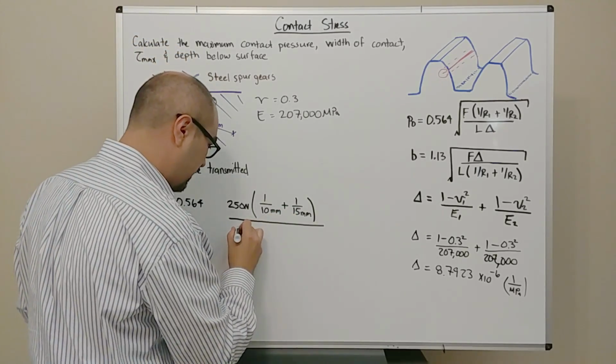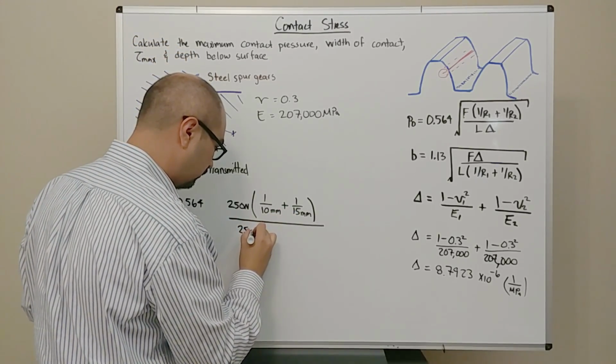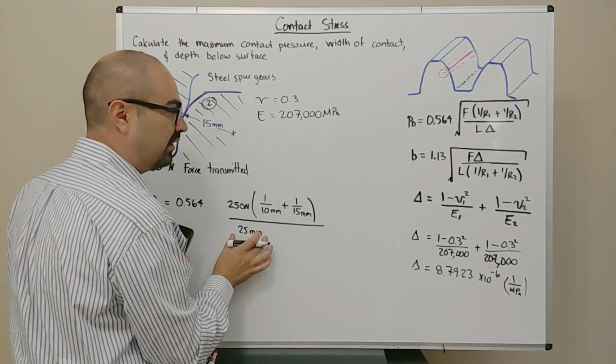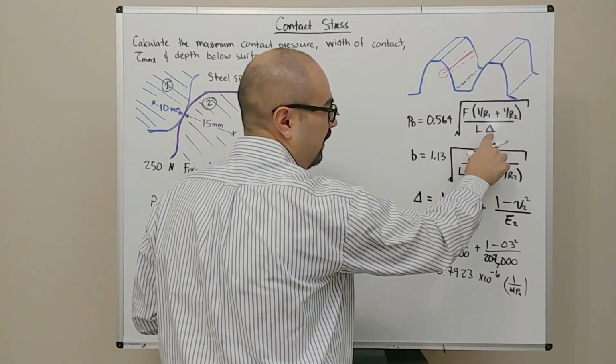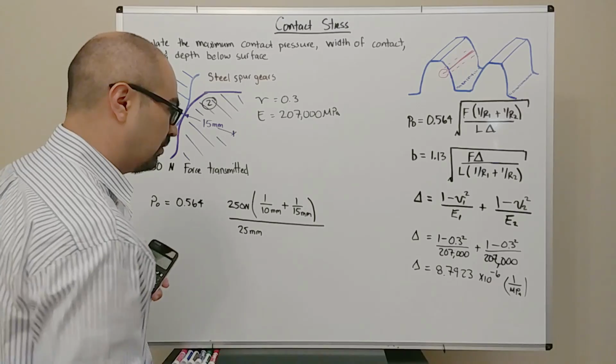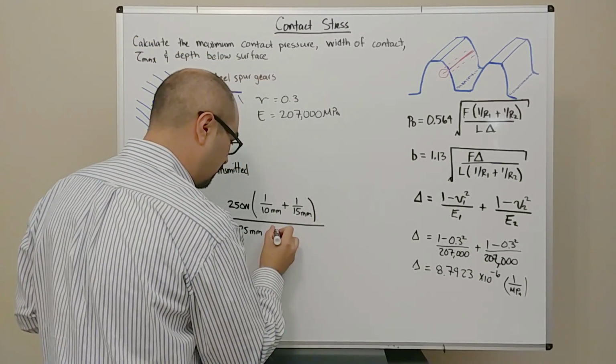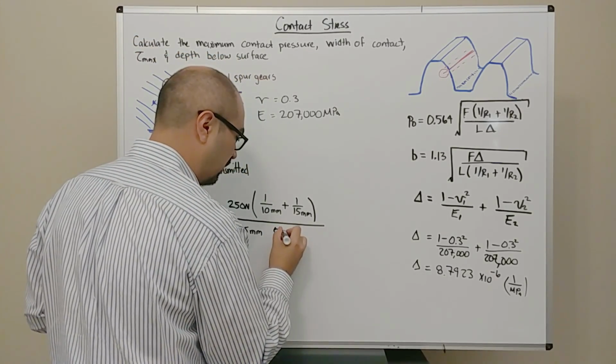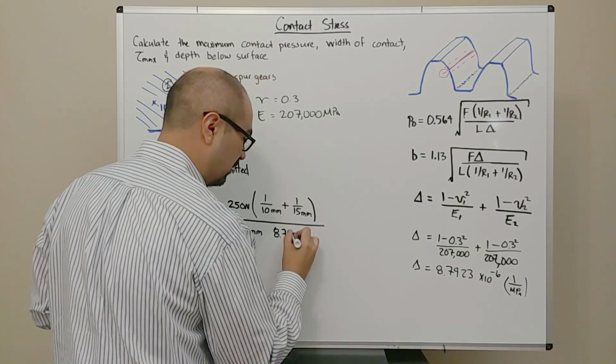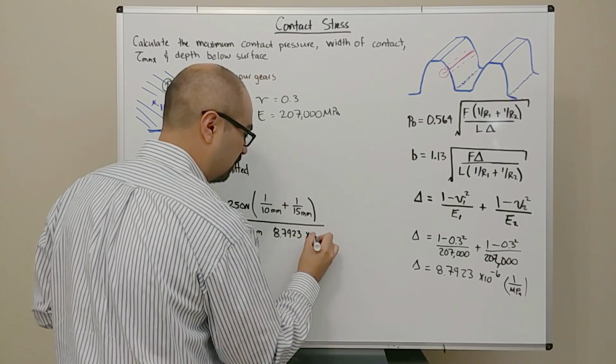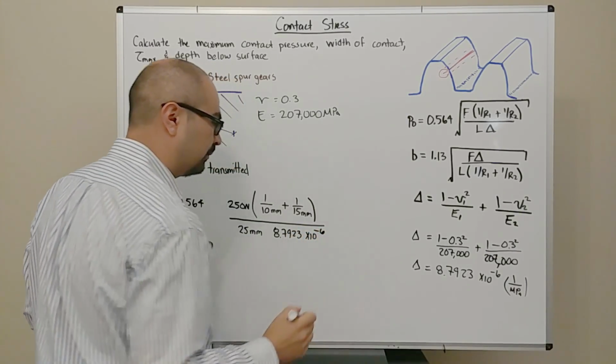So we'll put 25 millimeters as the length, and then we have our value of delta, which we calculated to be 8.7923 times 10 to the minus 6.